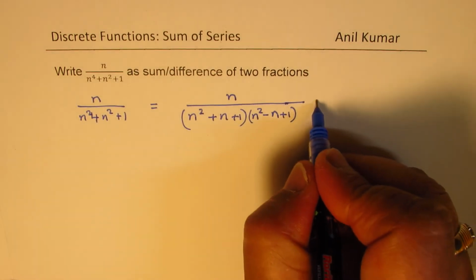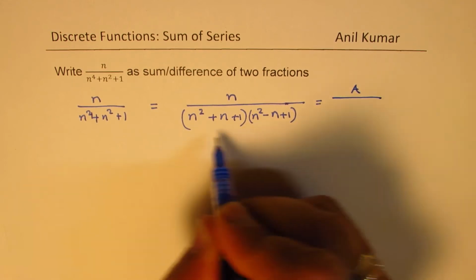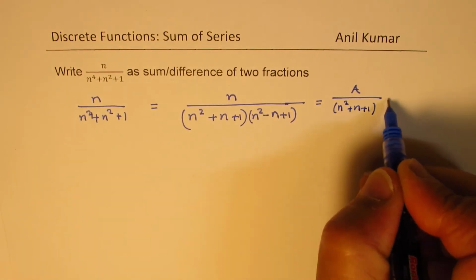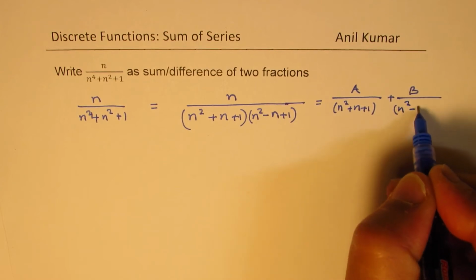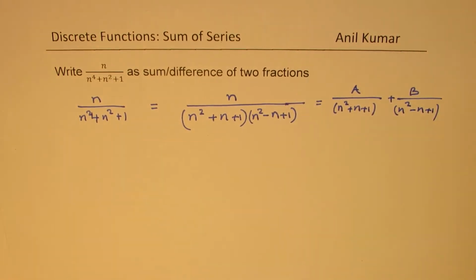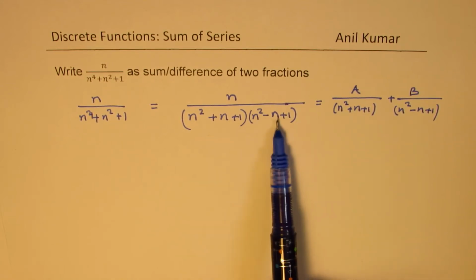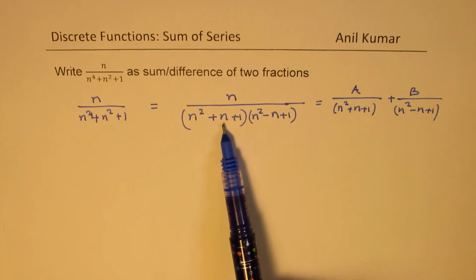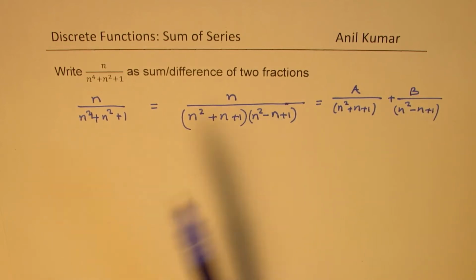Now we need to write this as a over one factor, which is n square plus n plus 1, plus b over the other factor, which is n square minus n plus 1. Now, if you add these two, what do you get? We get 2n square plus 2.